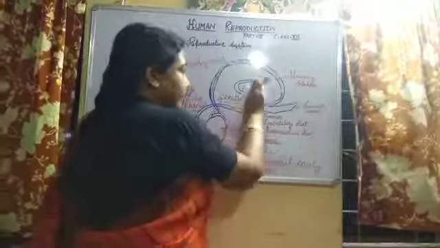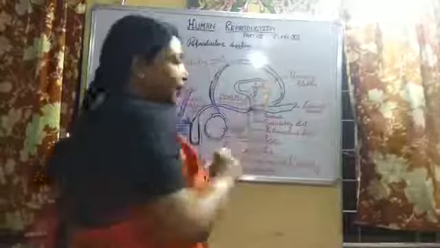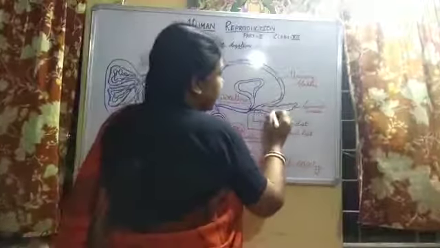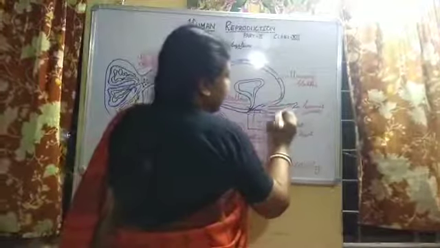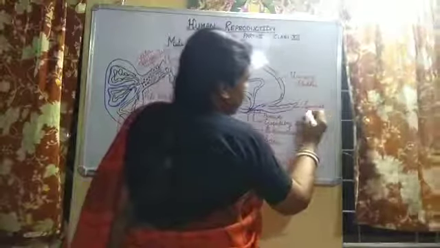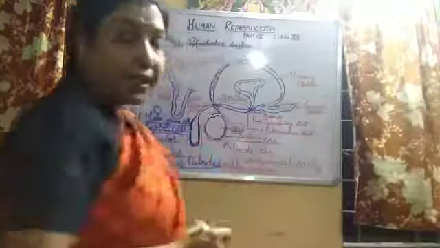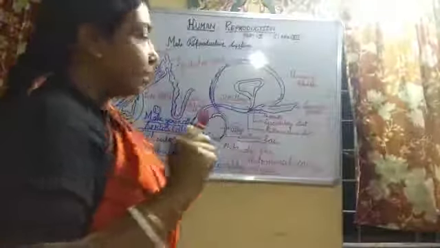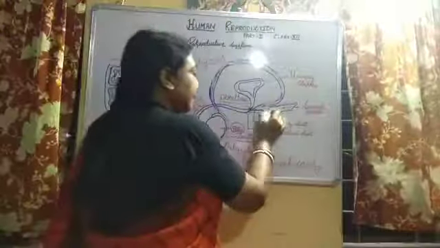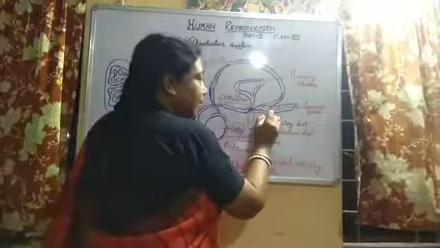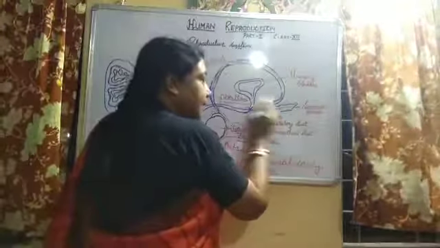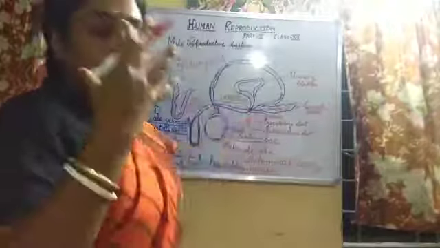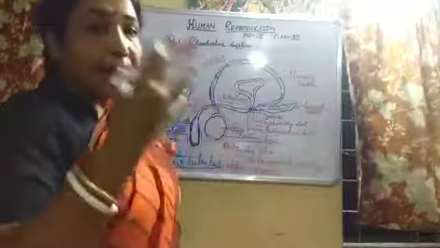In the way, when it is about to meet the urinary bladder, I told you, certain glands are present. It will meet a vesicle known as seminal vesicle. What it is known as? Seminal vesicle. Paired vesicle, okay? Always remember, this seminal vesicle produces a fluid which is rich in fructose, calcium and enzyme.